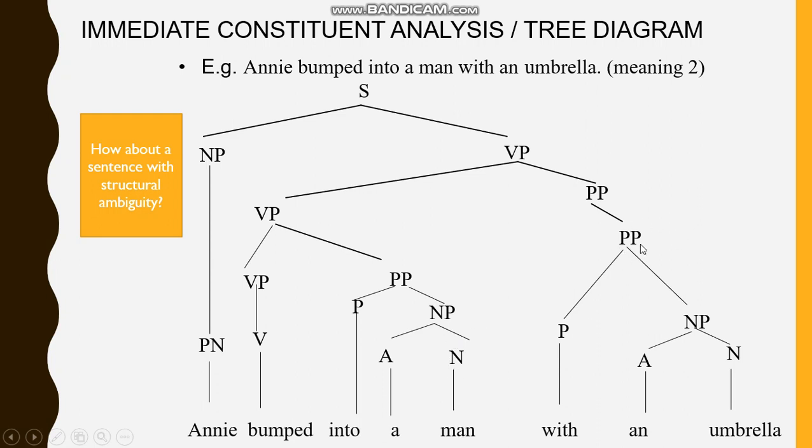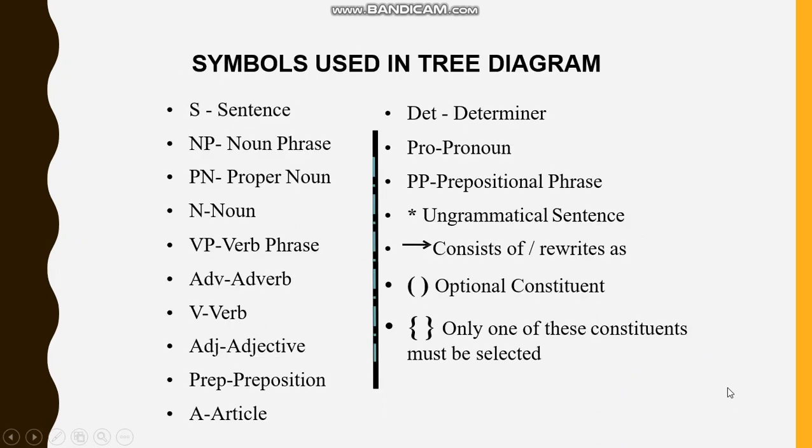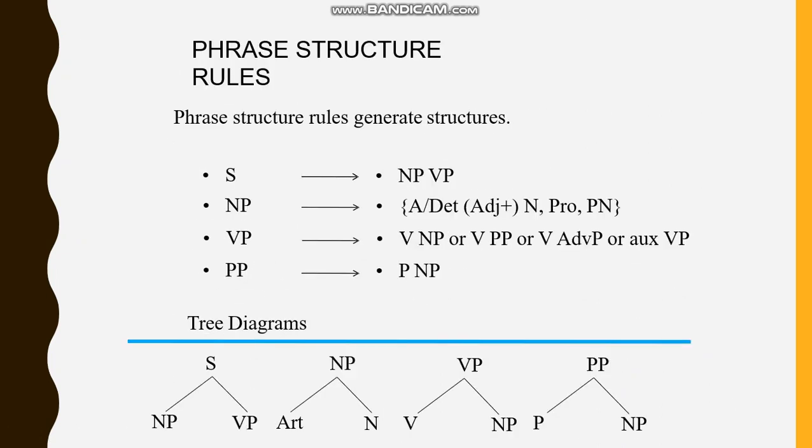And then the prepositional phrase here is preposition and noun phrase, with an noun phrase, article and noun umbrella. You have to remember the symbols and the rules. I hope you understand it.